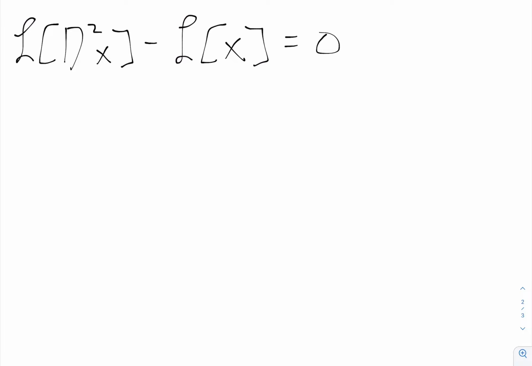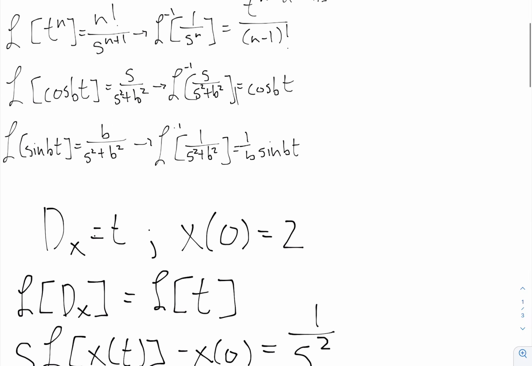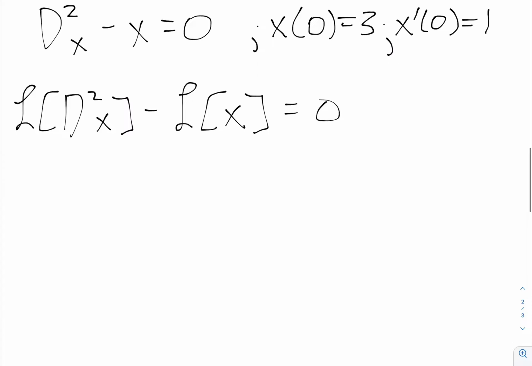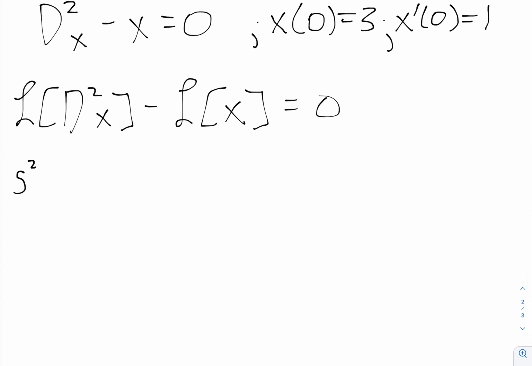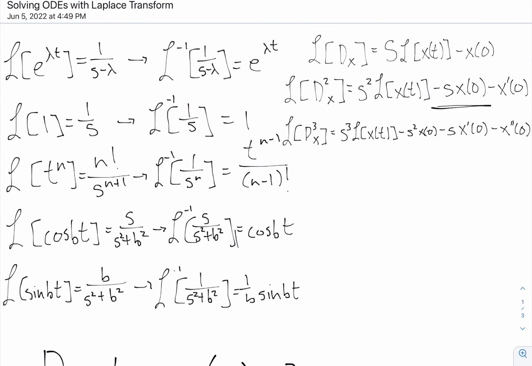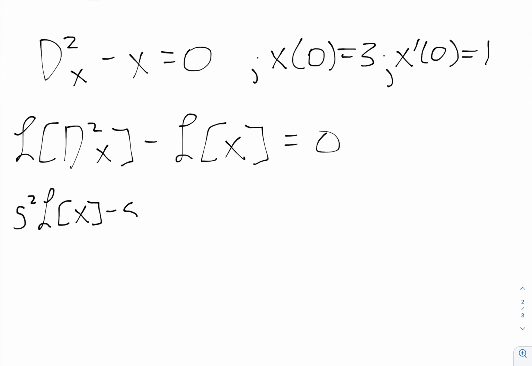The Laplace transform of d squared x is going to be s squared L of x, and then minus s times x of 0, and then we also get minus x prime of 0. So we took care of this part right here.